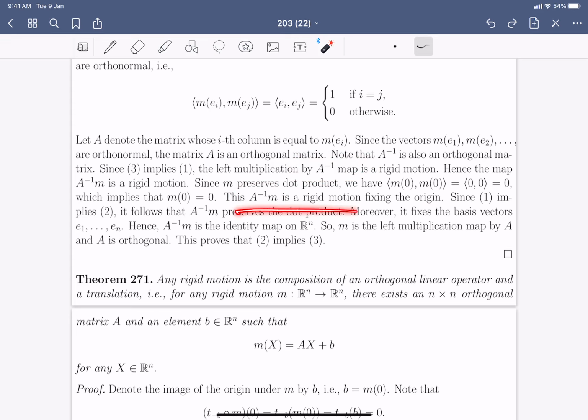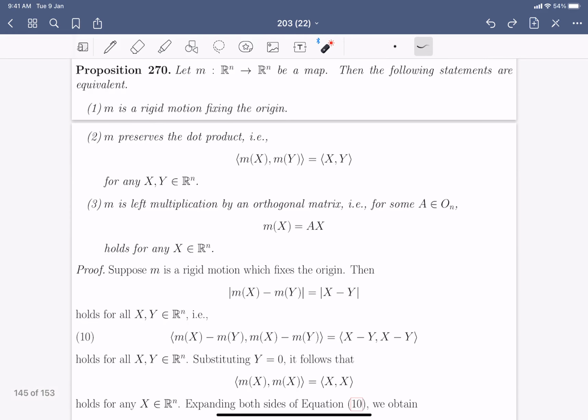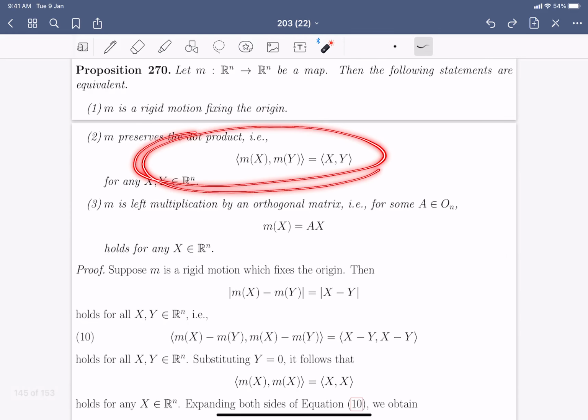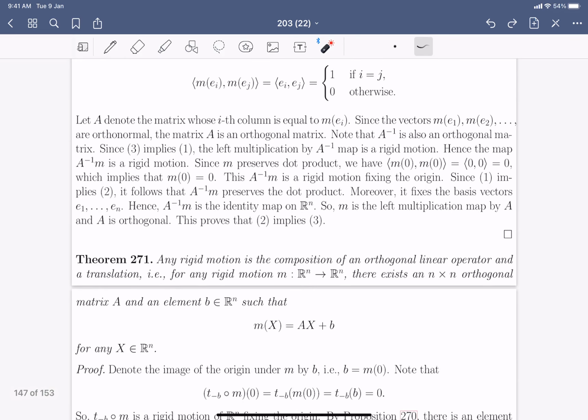So we have obtained a rigid motion fixing the origin, and since we know that 1 implies 2, a rigid motion fixing the origin has to be of this shape. So A inverse M preserves the dot product.